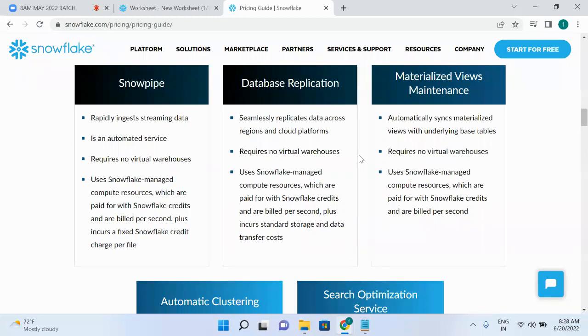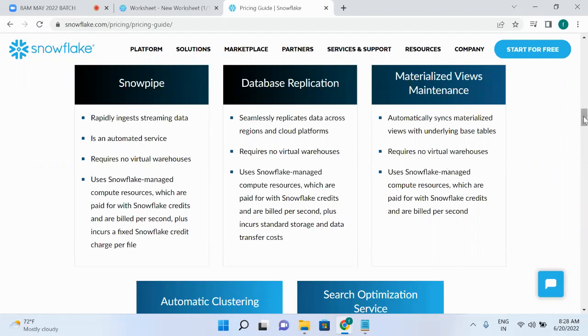Otherwise, they won't charge anything. That is the serverless feature. Going forward, we will discuss Snowpipe, replication, materialized views, and the automatic clustering optimization service. Most of the time we will go with Snowpipe, materialized views, and clustering. We will see that in the next sessions.